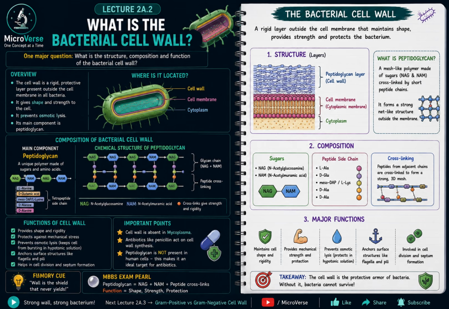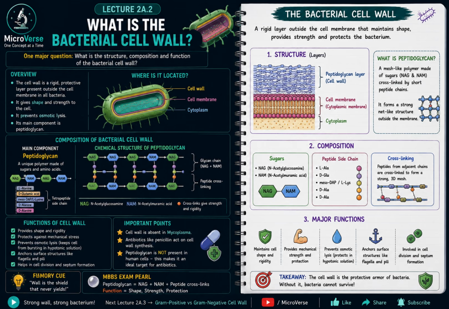Several important antibiotics interfere with bacterial cell wall synthesis. For example, beta lactam antibiotics such as penicillin and cephalosporin interfere with the enzymes involved in peptidoglycan cross-linking. Because human cells do not possess a peptidoglycan cell wall, this provides an important basis for selective toxicity.